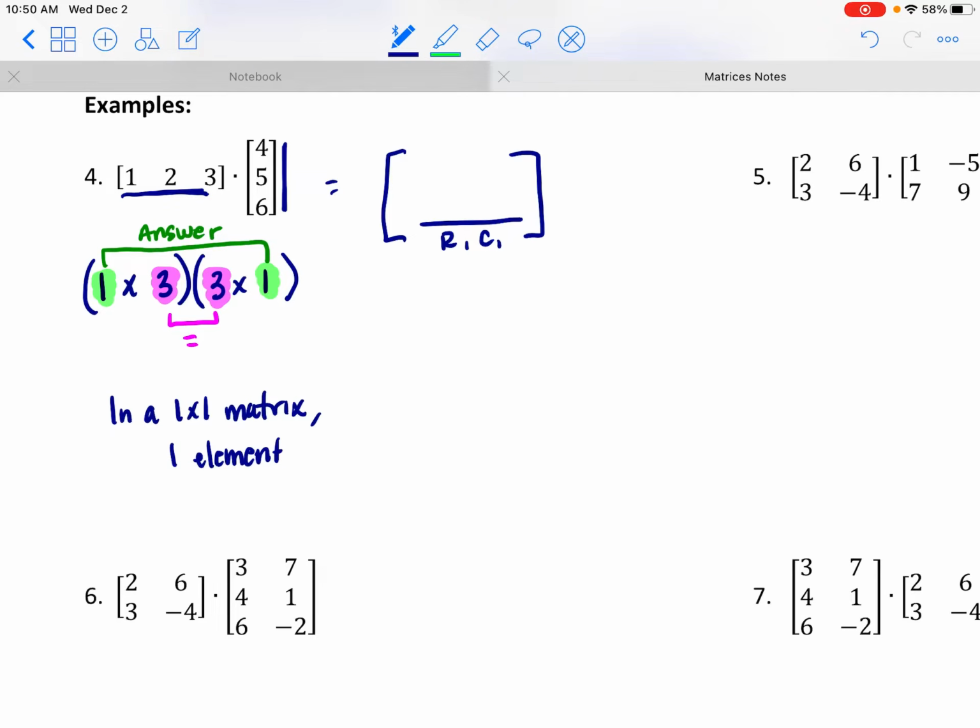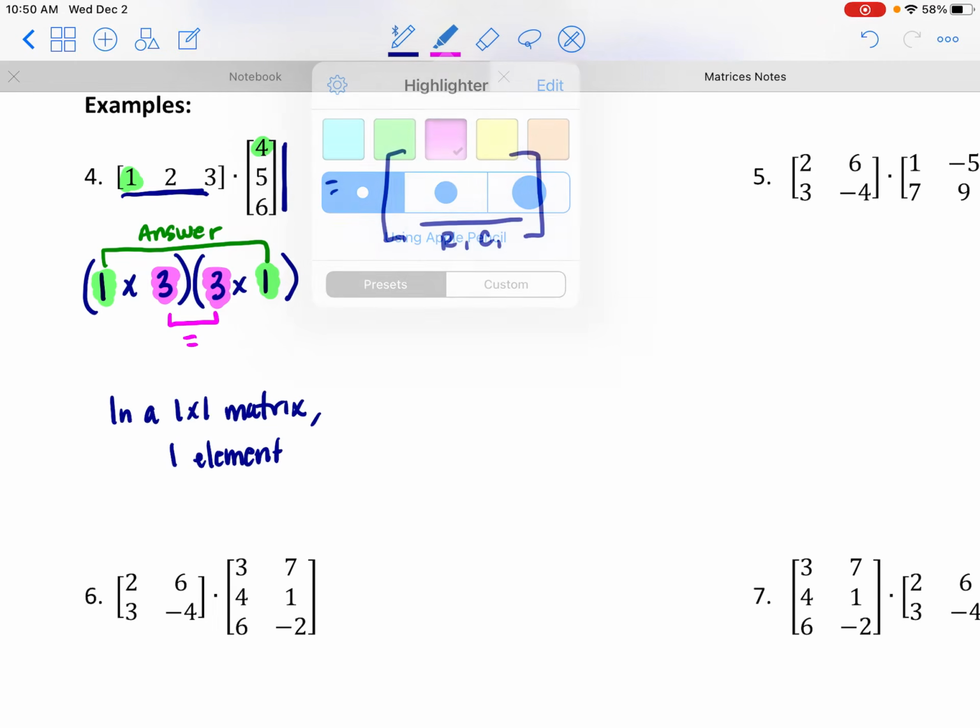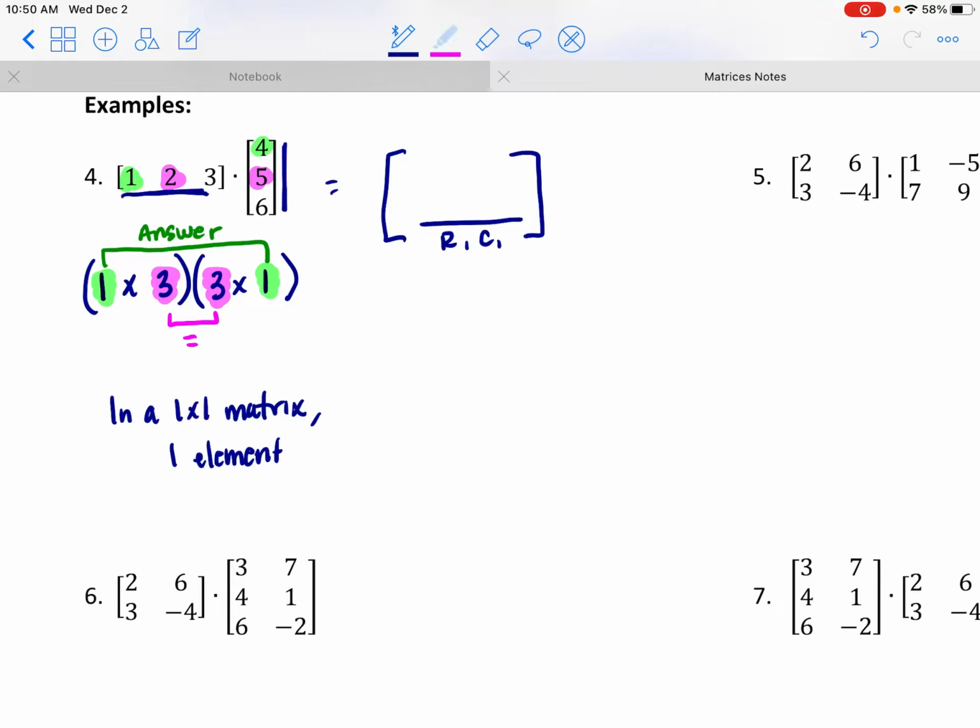So we're multiplying the 1 and the 4, the 2 and the 5, and the 3 and the 6. And 1 times 4, 2 times 5, 3 times 6, those results will be added together.